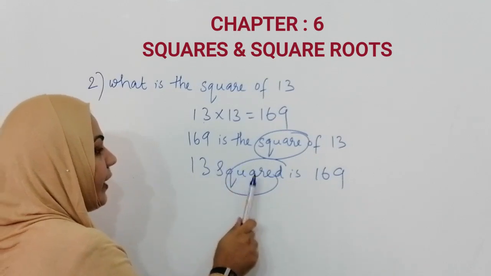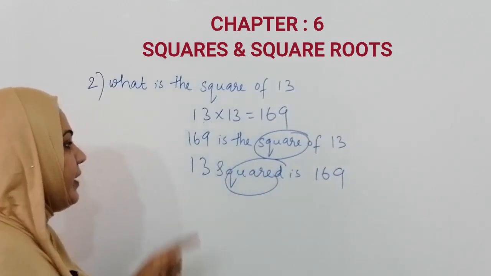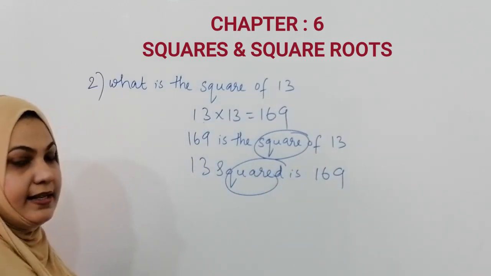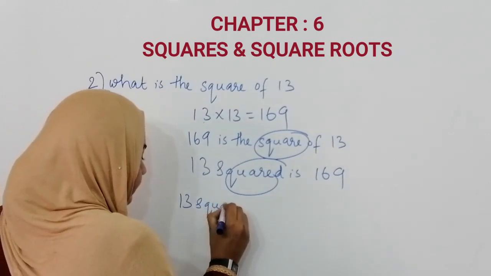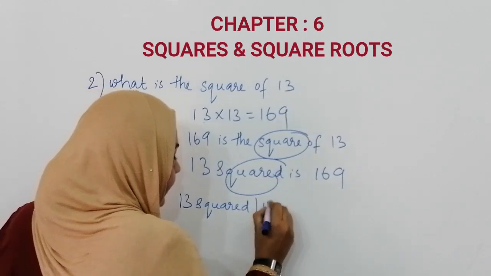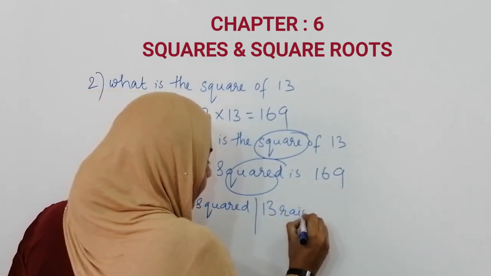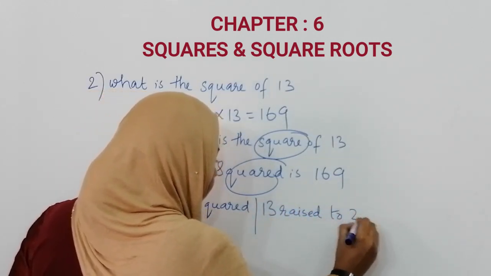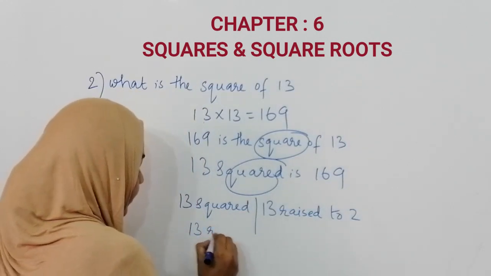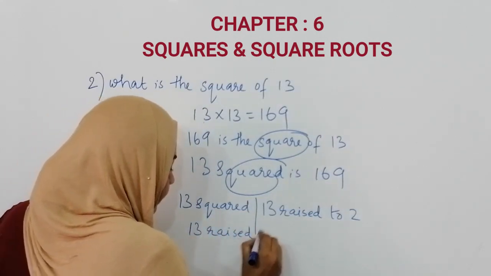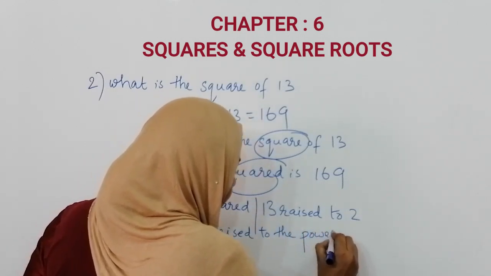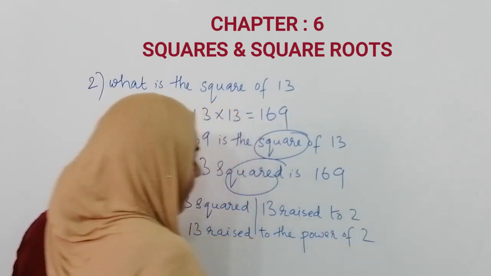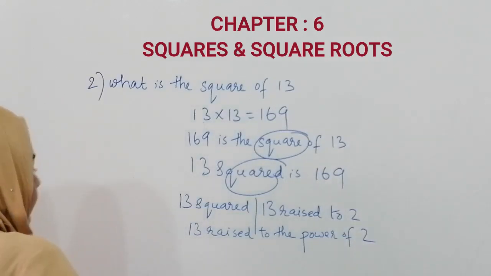But 13 squared is 169. So how can we write this one? 13 squared, or 13 raised to 2, or you can write 13 raised to the power of 2.